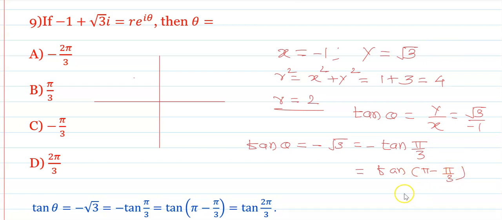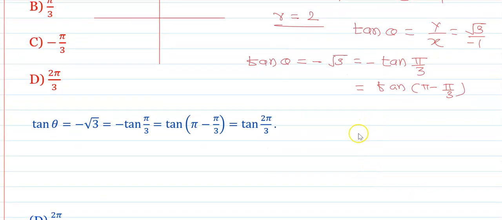यासाठी कुठला फॉर्म्युला आपण अप्लाय करत असतो? What is that formula? Tan of pi minus theta is equals to minus tan theta. This is the formula. म्हणजेच काय? Minus tan of pi by 3 is nothing but the tan of pi minus pi by 3.